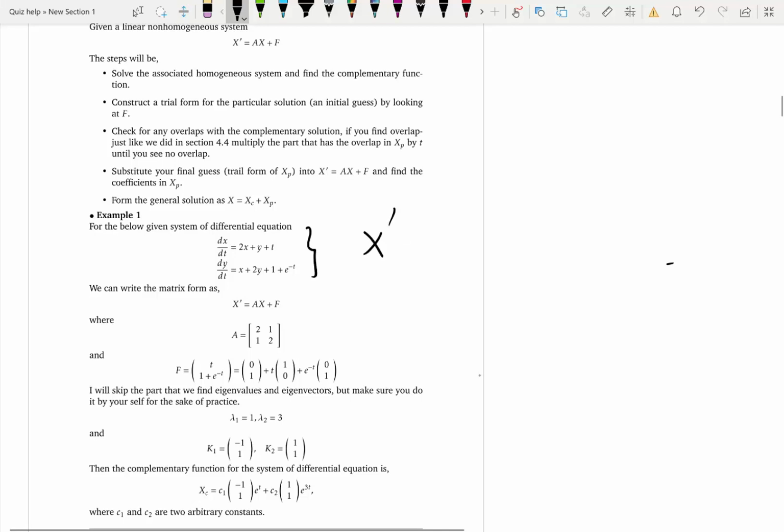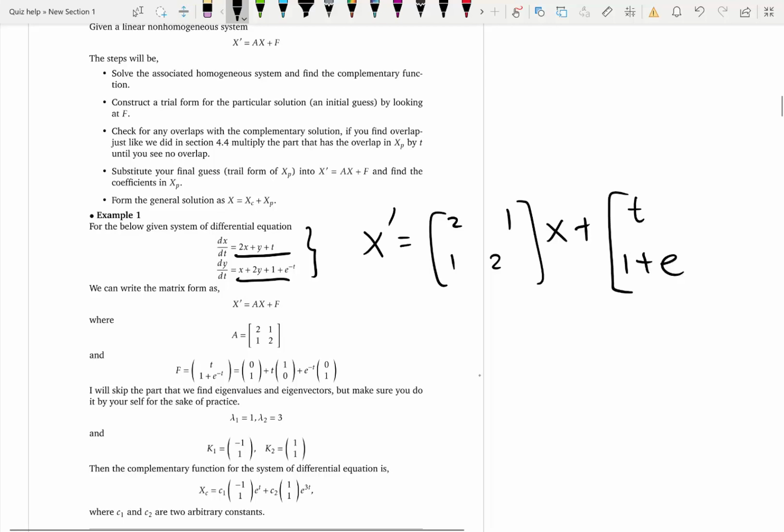So see here, this is an example. We write this as x prime is equal to Ax, where A is [2 1; 1 2], times x plus F. The part that accounts for non-homogeneity in the first equation is t, right? In the second row, it's 1 plus e to the negative t. So now this is the non-homogeneous part, capital F. That is a vector.